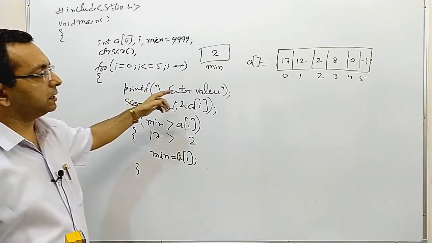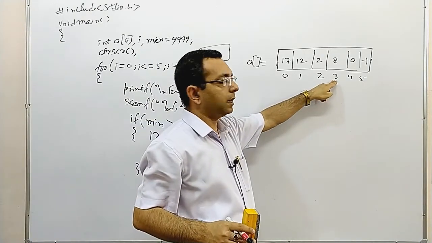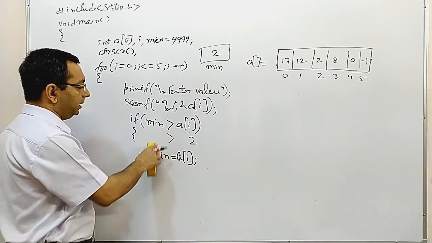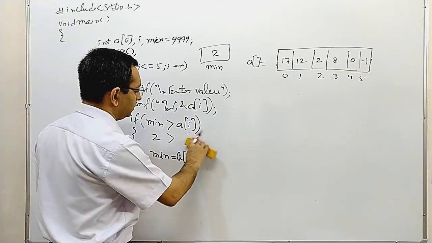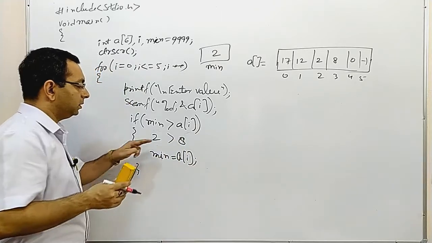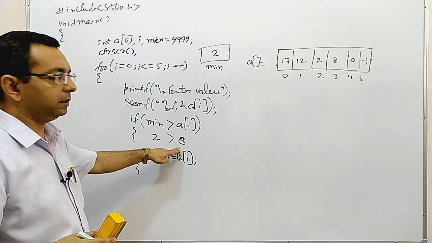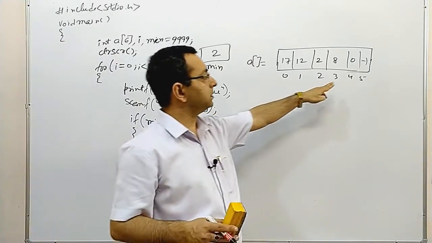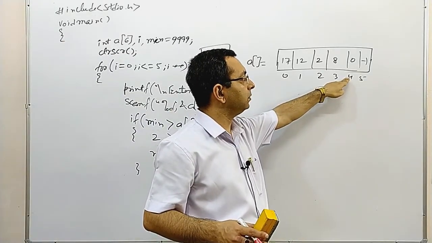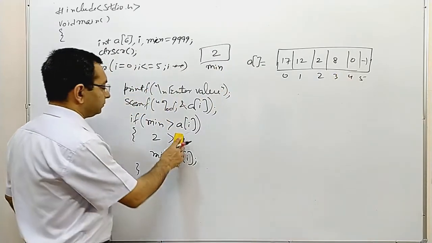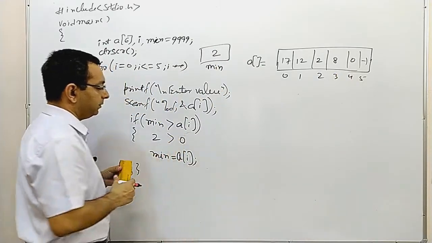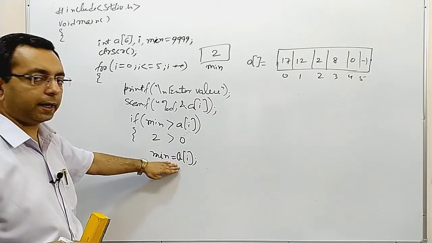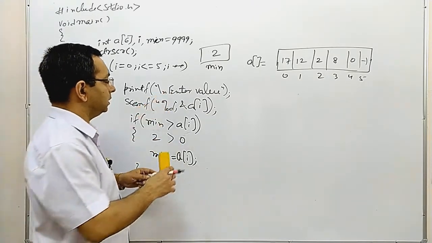Then at the next iteration, I is 3, and the value is 8. So 2 will be compared with 8, but 2 is not greater than 8, so it will not be executed. Then the next iteration is for I equal to 4, and the value is 0. So 2 will be compared with 0, and 2 is bigger than 0, so it will overwrite this value with 0.